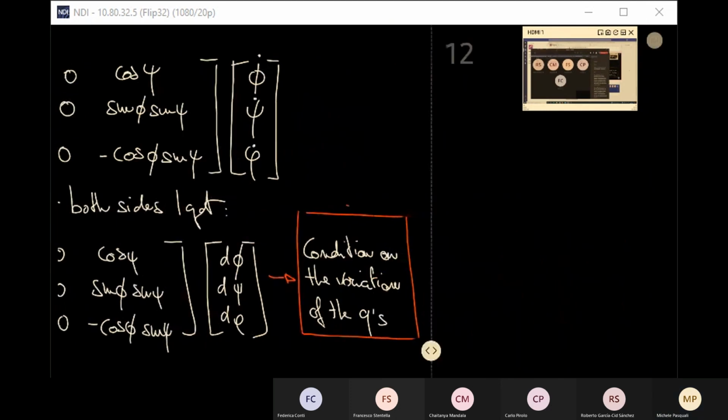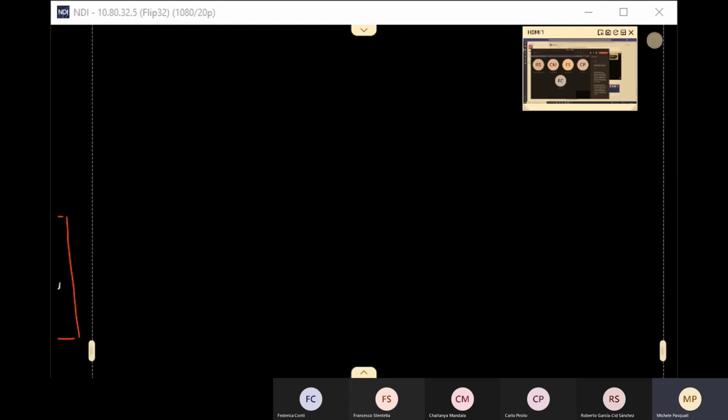So the question is, we have 6 generalized parameters, right?